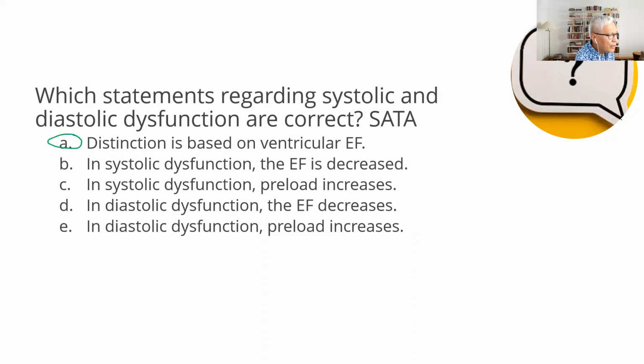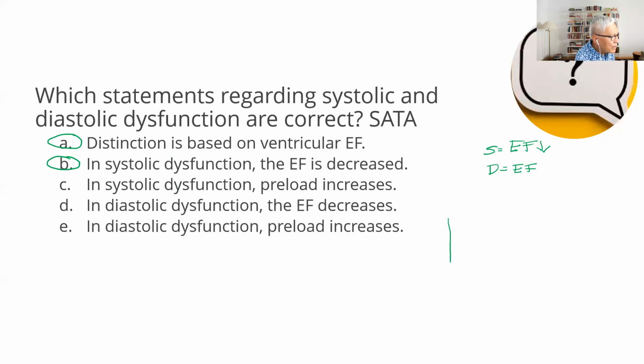Because you remember that in systolic dysfunction, there's going to be a decrease in ejection fraction. In diastolic heart failure, the ejection fraction is preserved. So letter B, therefore, is correct. And letter C is also correct.